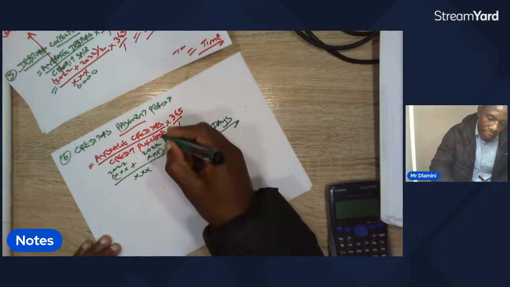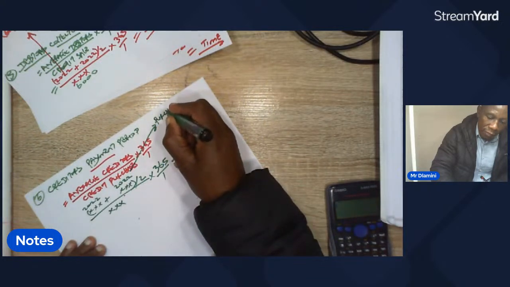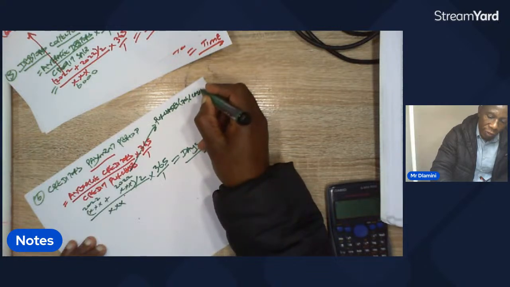Again, credit purchases may be written as purchases, in brackets 70% cash, which means 30% is credit, and you calculate it as we did for credit sales in the debtors collection formula.